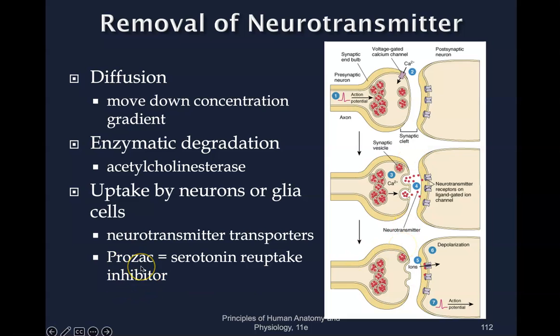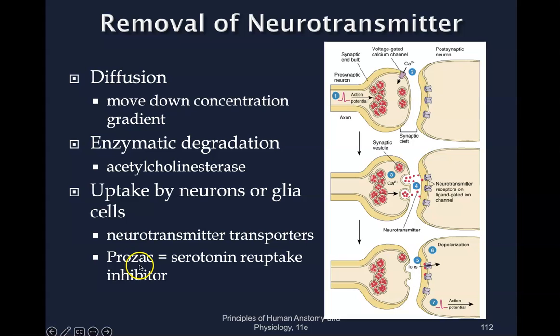So there are certain drugs that actually work to prevent the reuptake of that neurotransmitter, letting the neurotransmitter hang out in that synaptic cleft longer, allowing again for that postsynaptic neuron to be stimulated more frequently.